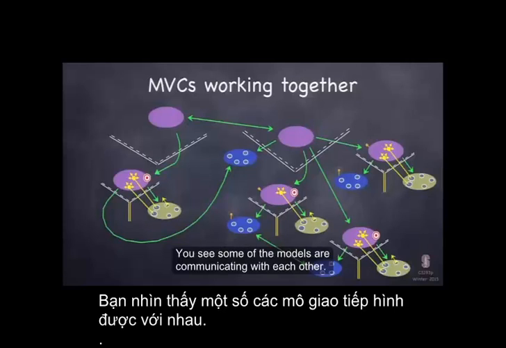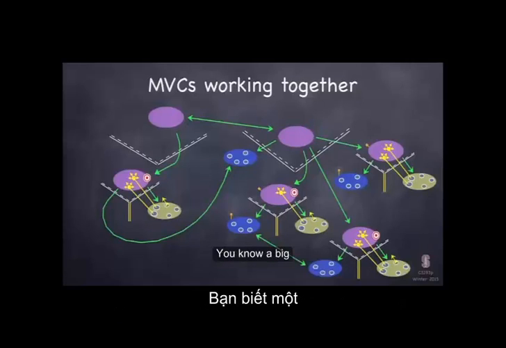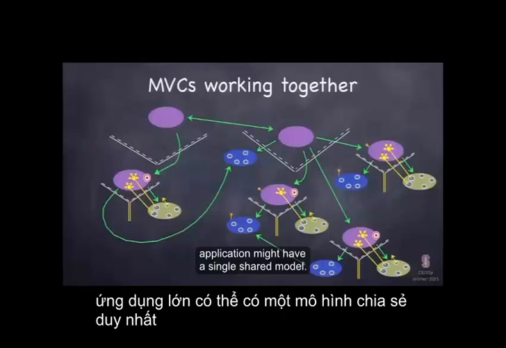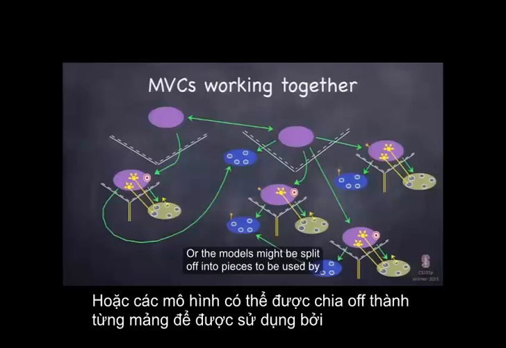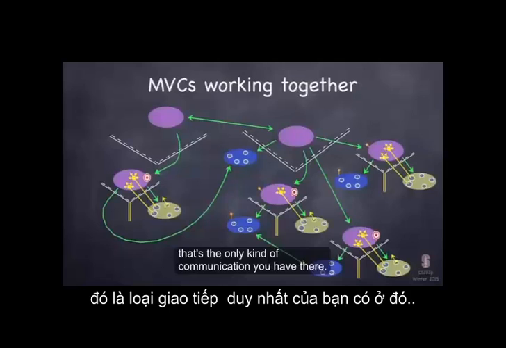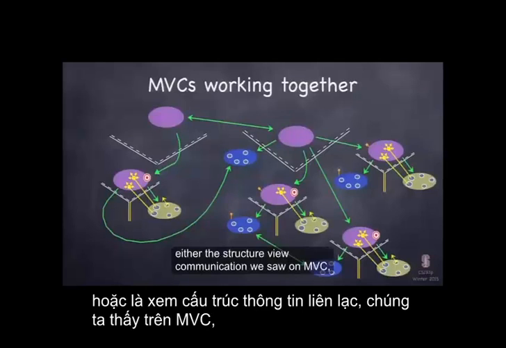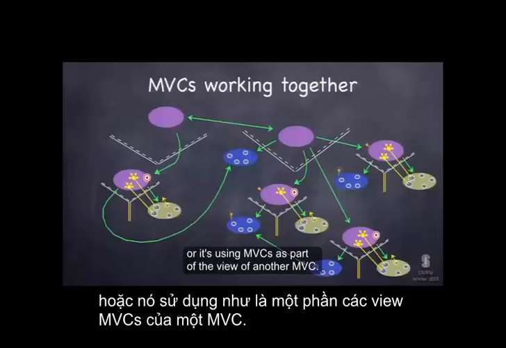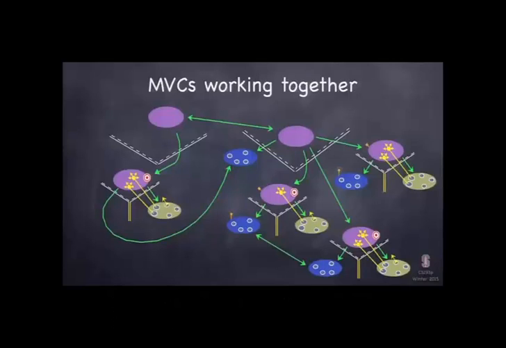You see some of the models are communicating with each other. You know, a big application might have a single shared model, or the models might be split off into pieces to be used by sub-MVCs, okay? But that's the only kind of communication you have there. All other communication is either the structured view communication we saw in the MVC, or it's using MVCs as part of the view of another MVC.